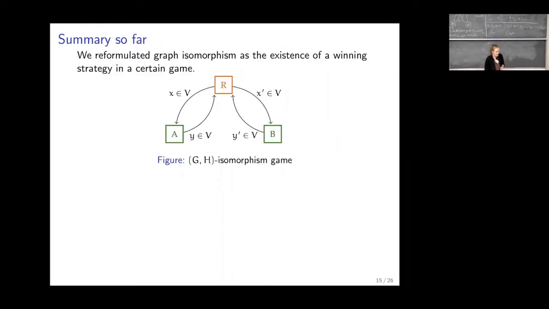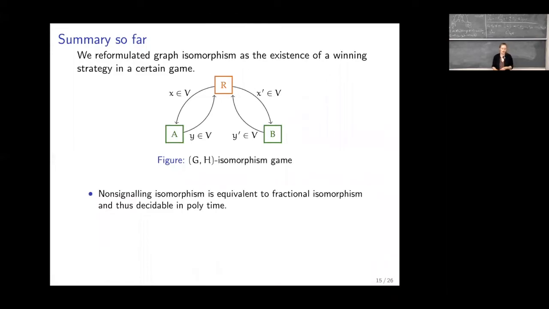Okay, so what I showed you so far is that we started by taking this point of view of games, defining isomorphism via a game, and that allowed us to talk about these physics-inspired variants by enlarging the class of strategies that Alice and Bob have access to. In particular, we talked about non-signaling isomorphism, and it turned out to be equivalent to fractional isomorphism and therefore decidable in polynomial time, whereas quantum isomorphism is undecidable.